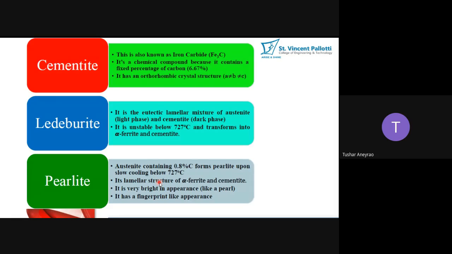We are going to see this crystal structure. What is the meaning of orthorhombic crystal structure? Wherein a is not equal to b is not equal to c, meaning the dimensions of the unit cell are not equal, and it is closely packed, meaning maximum packing efficiency is there in this structure. That's why it is called the hardest phase of the iron and carbon mixture.